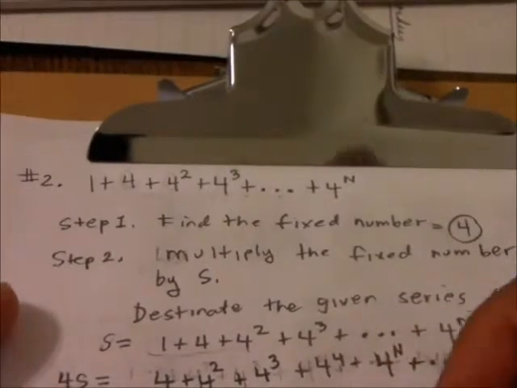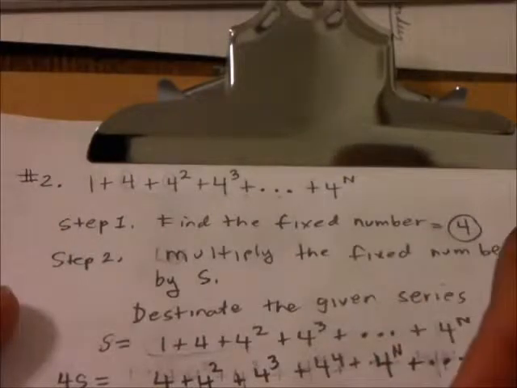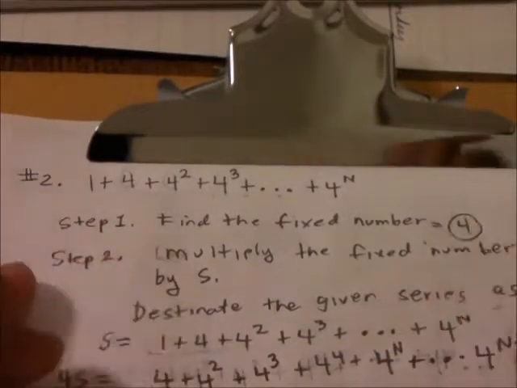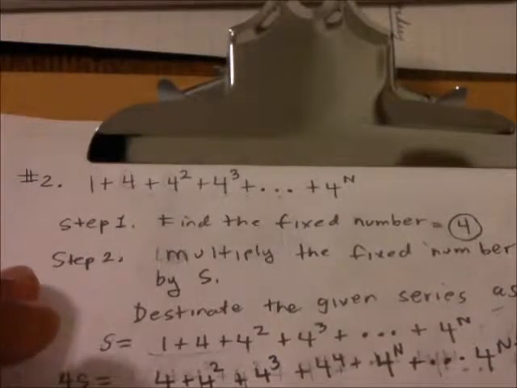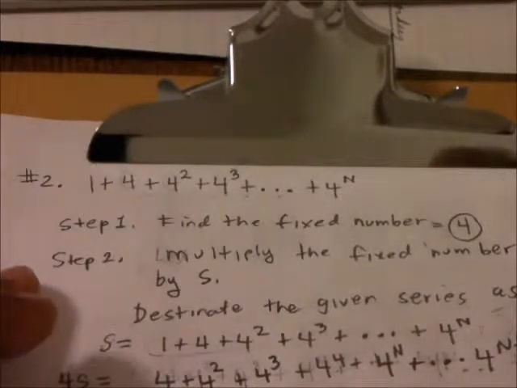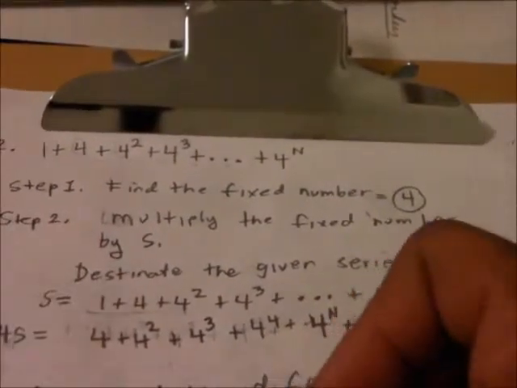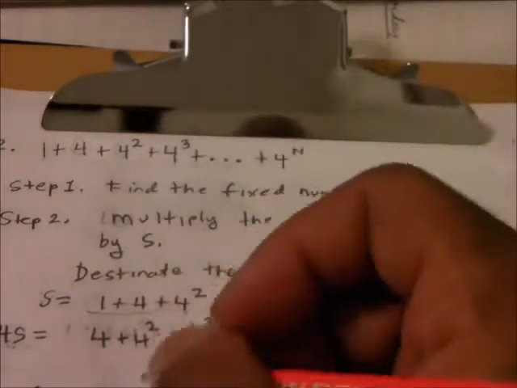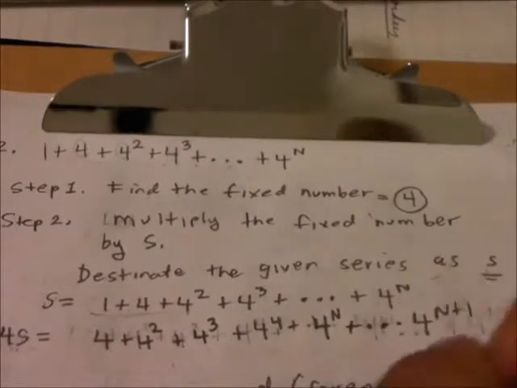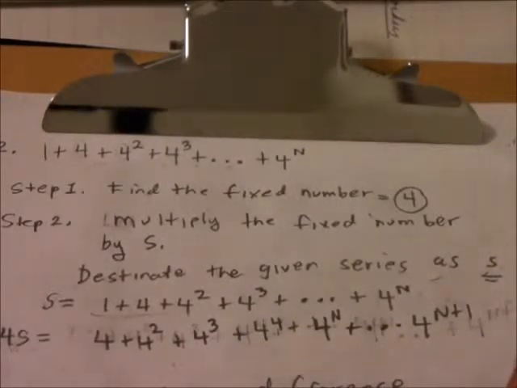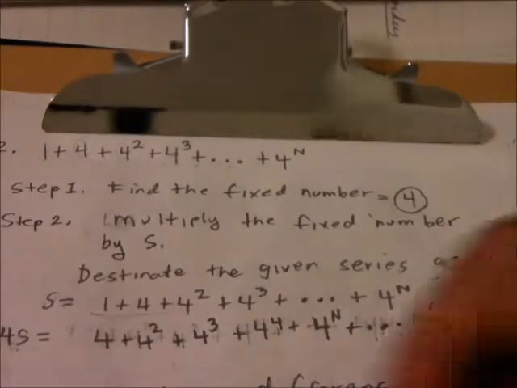I just left out an exponent. Then minus 4 squared, minus 4 to the third, minus 4 to the fourth, minus 4 to the n, plus the dots, because that's as far as it can go.